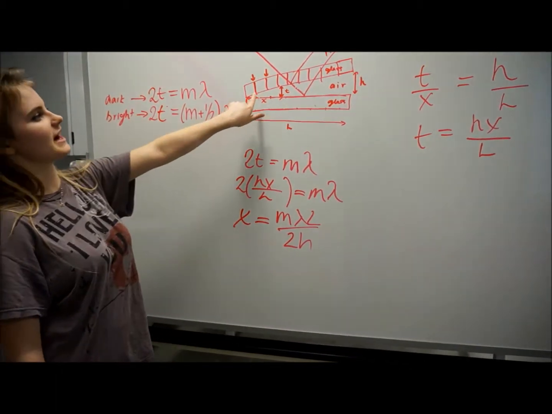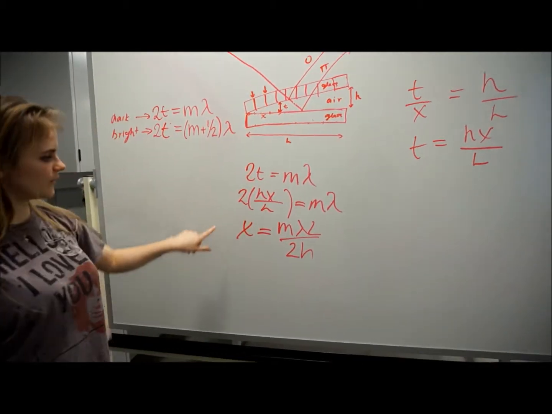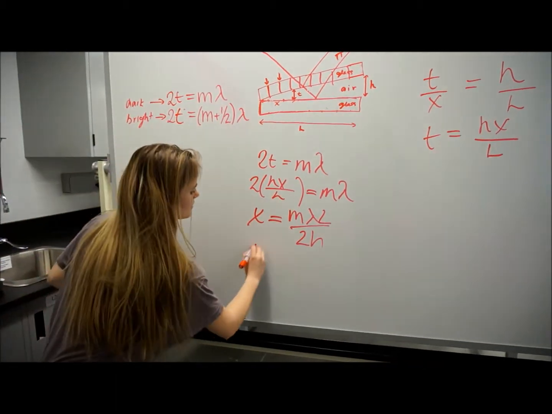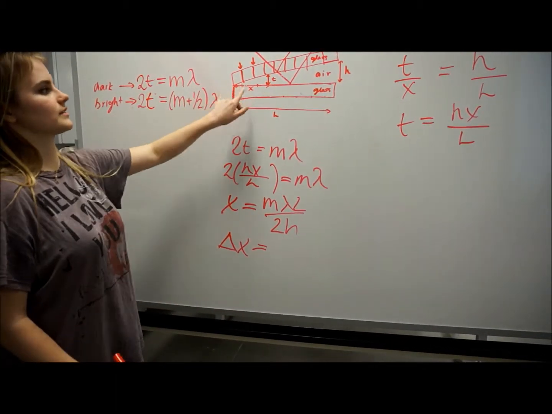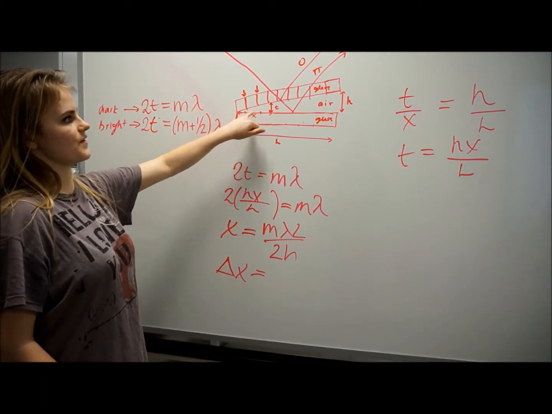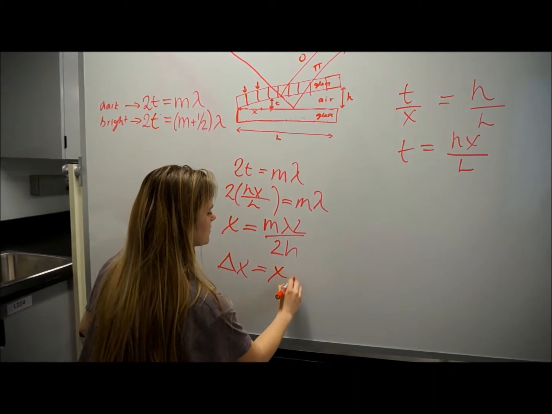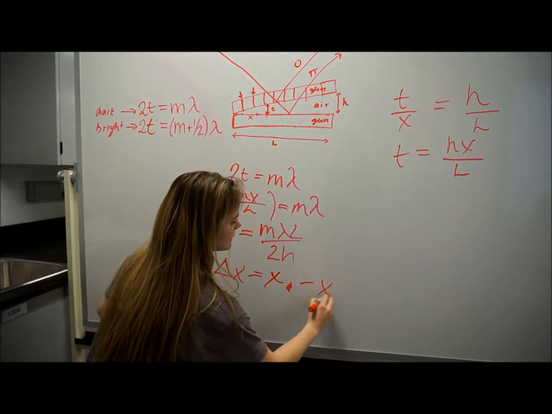So if we want to find the distance between two dark fringes, we can just find delta X. Here, delta X is equal to, we can just look at the 0 on the first dark fringe, so delta x is equal to x1 minus x0.